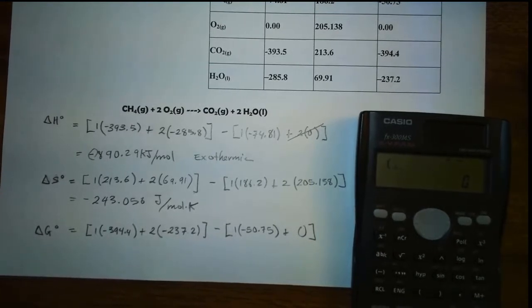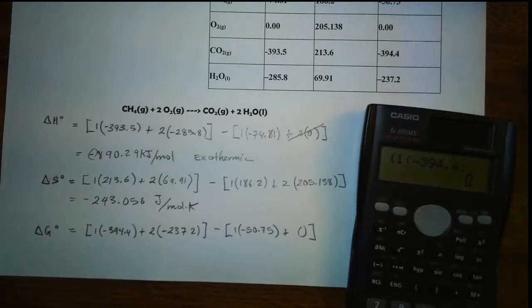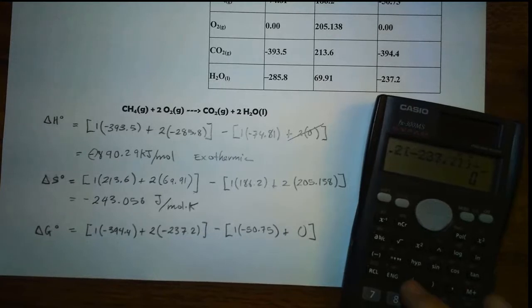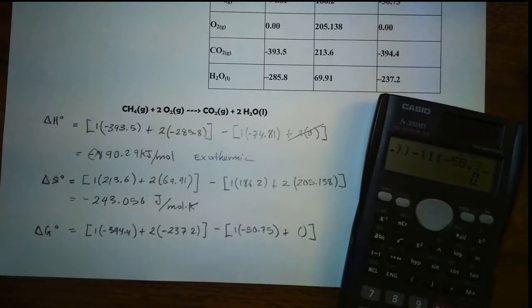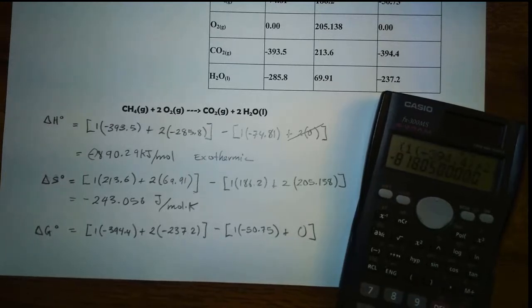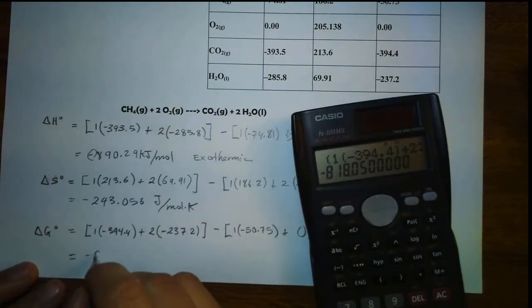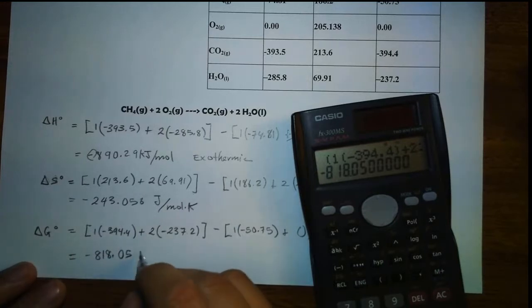So parentheses 1, negative 394.4, plus 2 parenthesis negative 237.2 parenthesis and parenthesis again minus parenthesis 1 negative 50.75 parenthesis. What do we have? And the unit is kilojoule over mole.